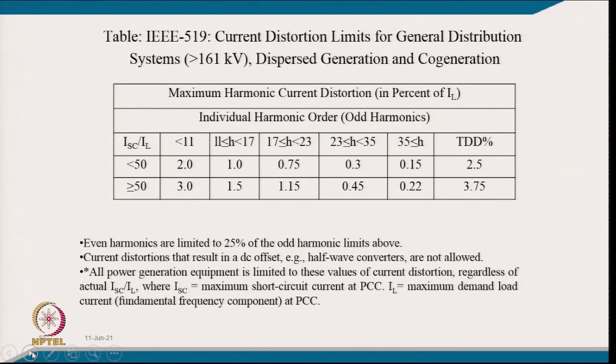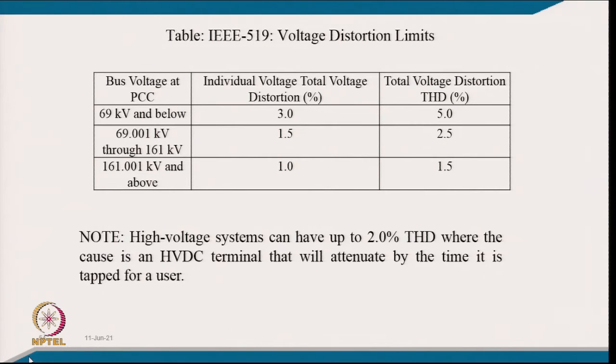Even for a short circuit current level of less than 50, it is permitted only 2.5%, and if the short circuit level is above 50, then it is allowed 3.75%. So it is a more strict limit, and we do not expect at such a high voltage level to have a really large distortion. So that is the table divided corresponding to the voltage.